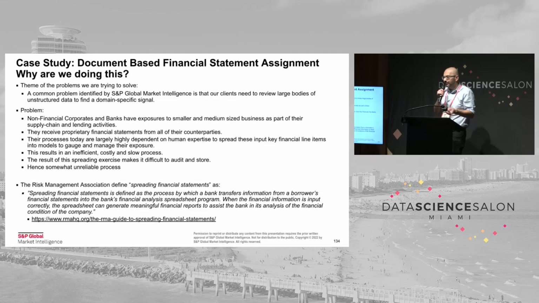And the reality is a lot of banks and large non-financial corporates do that even today. In the public company universe, this is less of an issue because companies like S&P collect that data, they have to disclose it, and you're there.